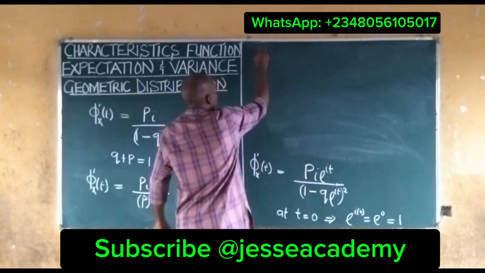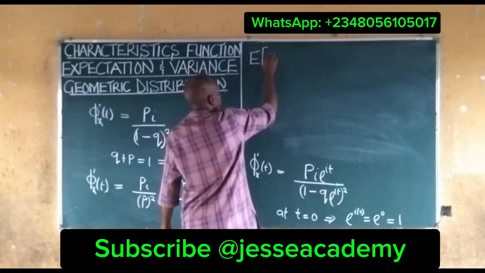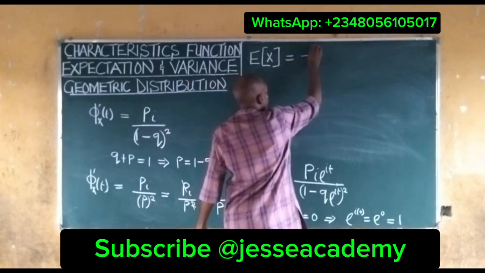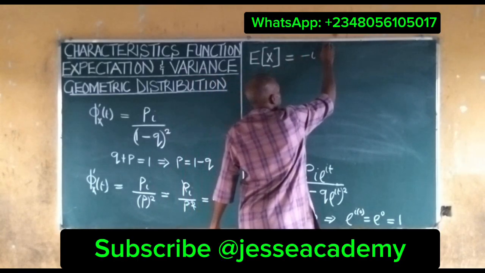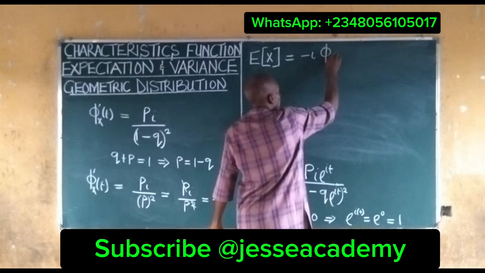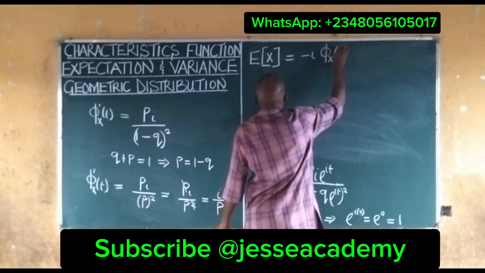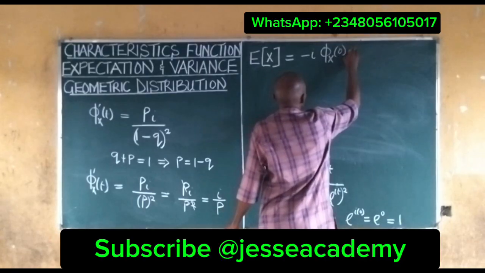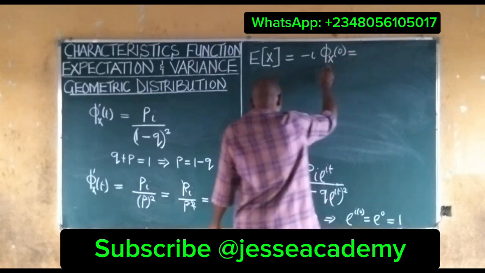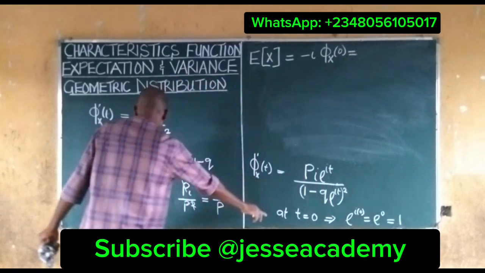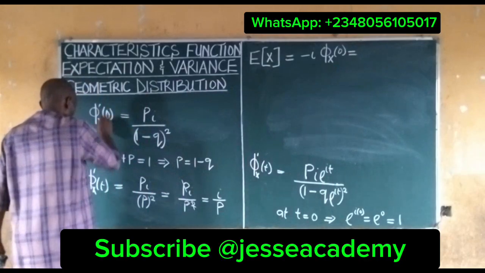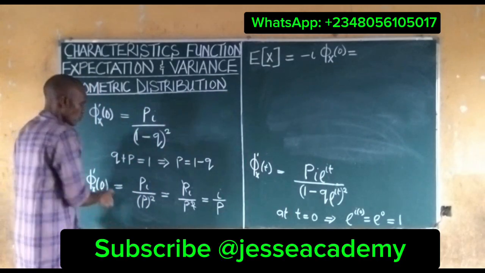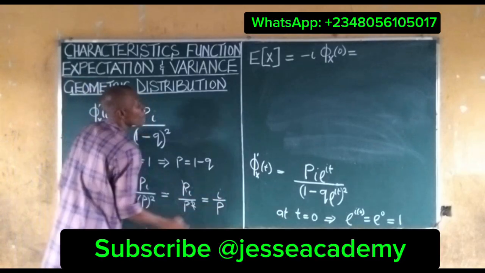Our expected value of x is equal to negative i times the derivative of the characteristic function at t equal to 0, and at t equal to 0 we have i all over p.